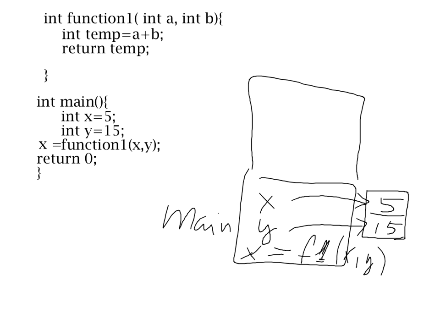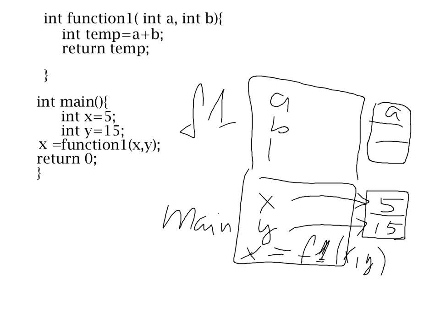So that's when you actually use up the memory in creating function 1. So here we have function 1. Now function 1 also has memory locations, and the memory locations are going to have, let's say, A, B, and we have temp.